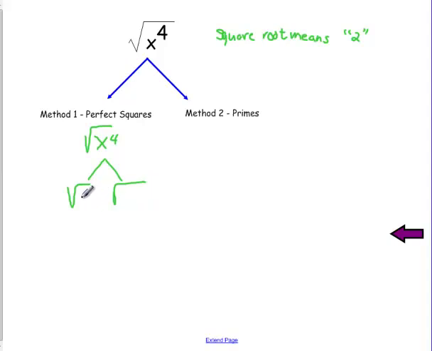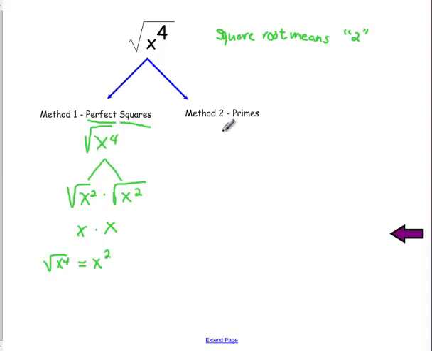And one of them has to be a perfect square. Oh, x squared and x squared. What is the square root of x squared? X. What is the square root of x squared? X. So the square root of x to the 4th is x squared.